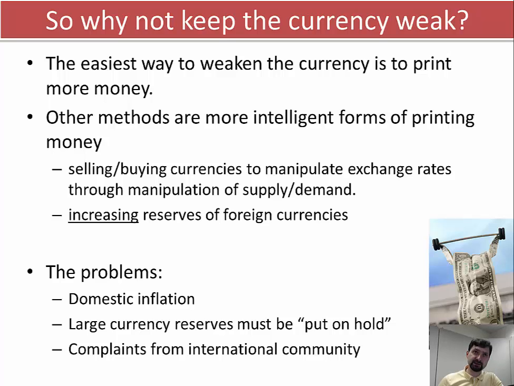And the way China does it is it accumulates huge reserves of foreign currencies. So when China sells its products to America, for example, or to Europe, technically what should happen is that the American consumers pay for these with dollars, and then the dollars should come to China, and China should exchange them for yuan, and thereby sell the dollars, reduce the value of the dollar, and increase the value of the yuan, because you would create demand for yuan.